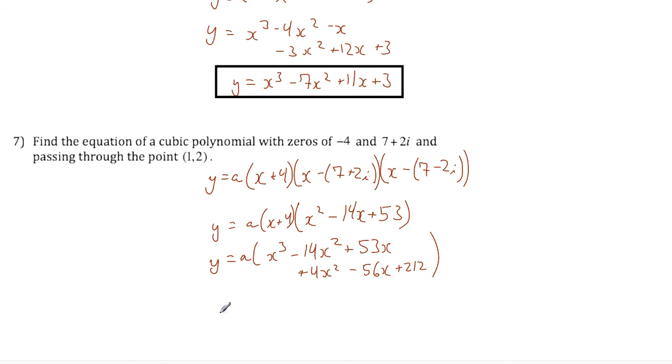So if I just simplify this, y is equal to a times x cubed minus 10x squared minus 3x plus 212.